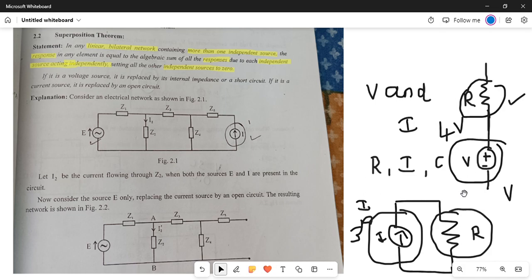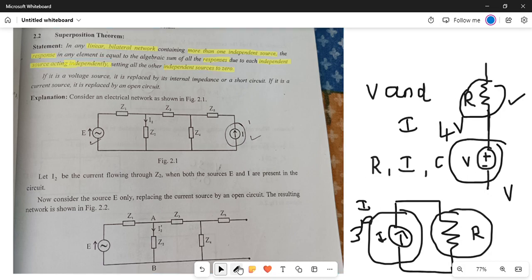The current or voltage across that element is equal to the algebraic sum of all the voltages or currents flowing across that individual element, due to each independent source acting independently, with all other independent sources replaced: voltage sources by a short circuit and current sources by an open circuit, right? That I am going to tell you. So this is what the superposition theorem is.